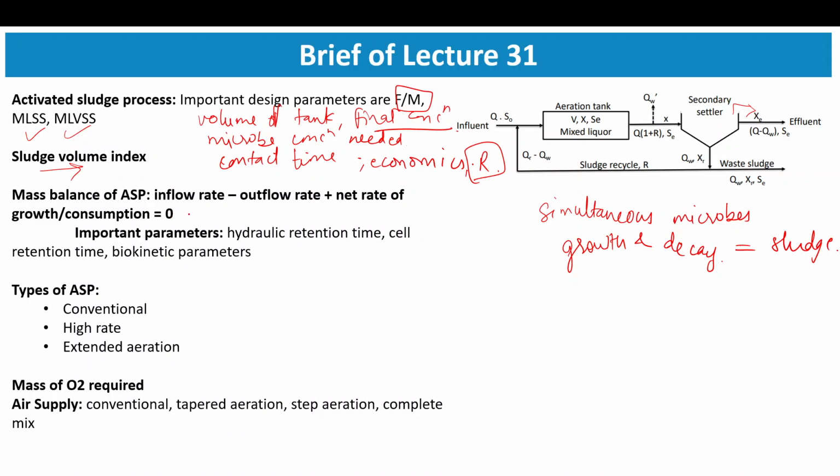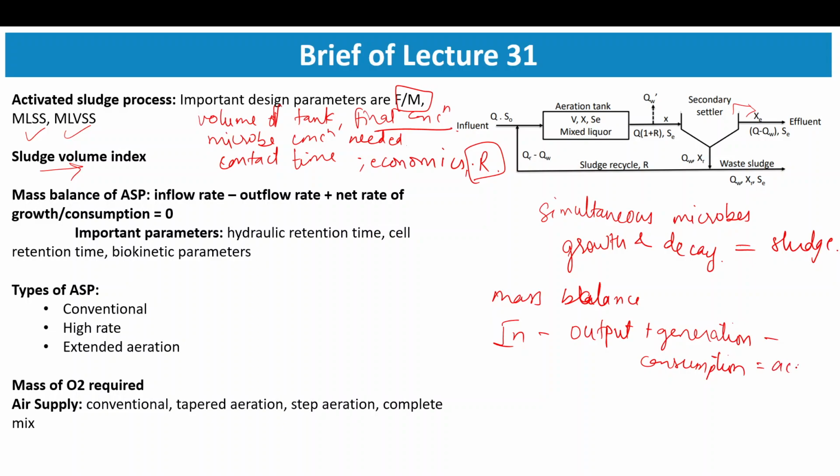Now, to find out various parameters, you can do a mass balance. I will not discuss or derive the mass balance in detail right now, but mostly the mass balance will be input minus output plus generation minus consumption equals accumulation.